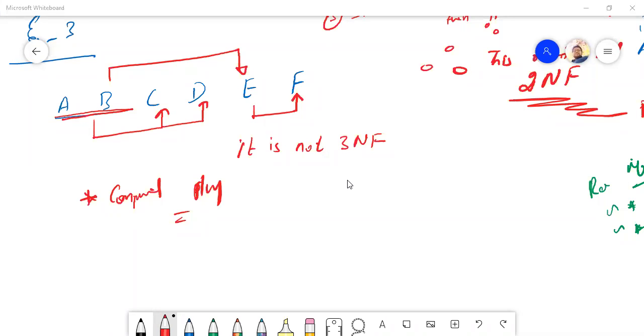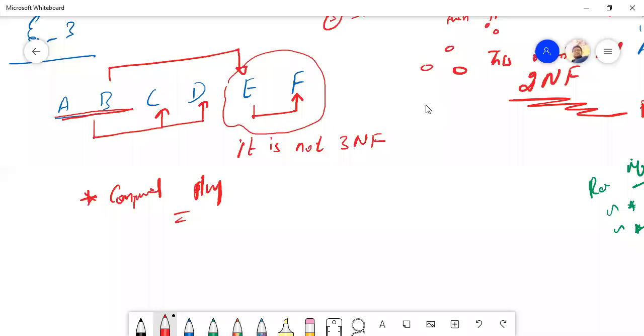So simply we have to take the decision while just looking at the relation. You can see transitive dependency and simply understand it, so you can say it is not in third normal form.